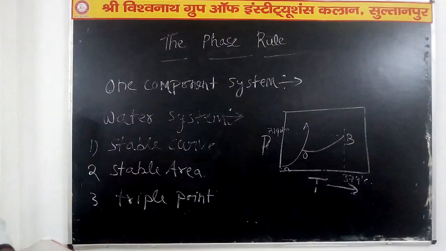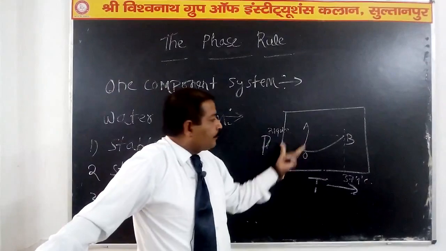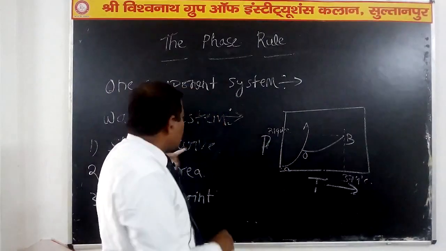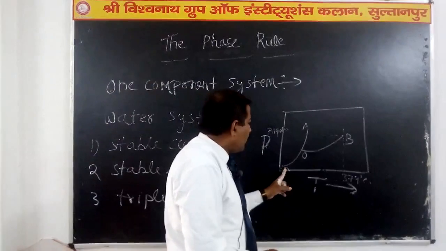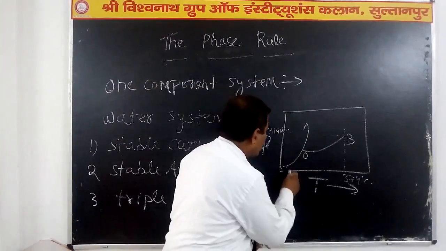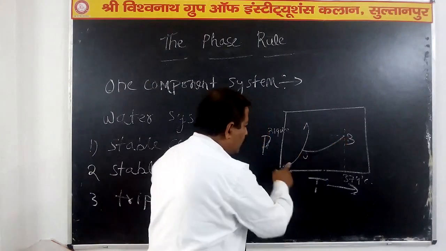Let us take one by one. From the phase diagram it is clear, it has three stable curves, that is OA, OC and OB.